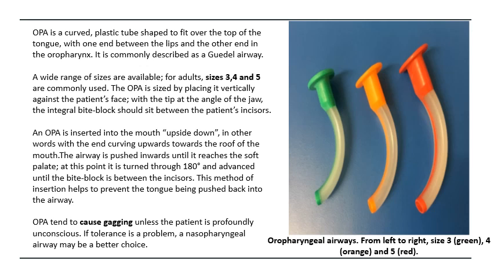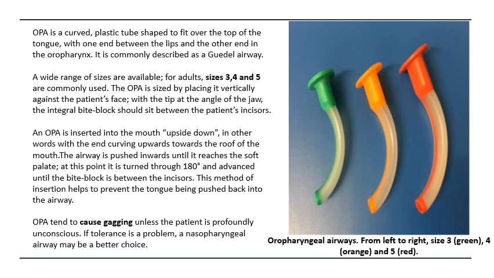At this point, it's turned through 180 degrees and advanced till the bite block is between the incisors. This method of insertion helps to prevent the tongue being pushed back into the airway. In other words, the tip of the airway enters first, curved, between the incisors, and then I rotate the airway 180 degrees so that the curve is upward at the level of the roof of the mouth. The purpose of the 180 degree rotation is to prevent the tongue from being pushed back into the airway, because if you try to put the airway with its curve upward from the start, you may push the tongue and cause more and more obstruction of the airway.